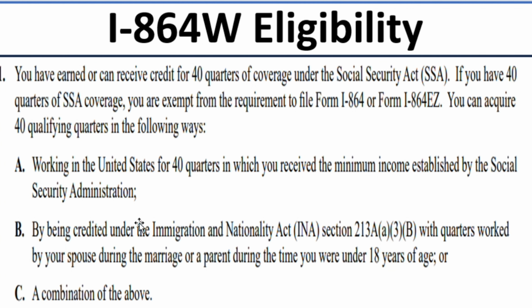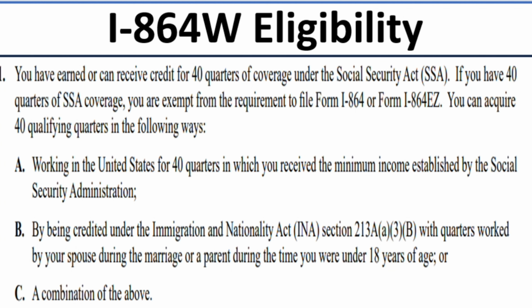You can acquire 40 qualifying quarters in the following ways: working in the United States for 40 quarters in which you receive the minimum income established by the Social Security Administration, by being credited under the Immigration and Nationality Act with quarters worked by your spouse during the marriage or a parent during the time you were under 18 years of age, or a combination of the above.